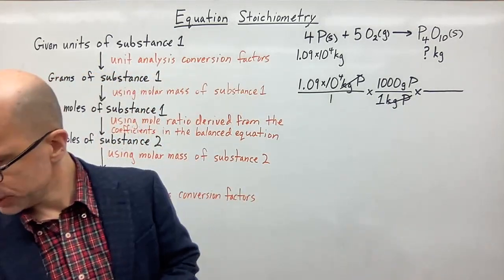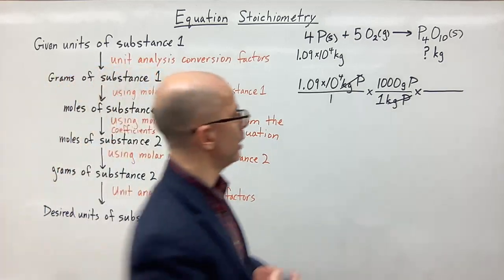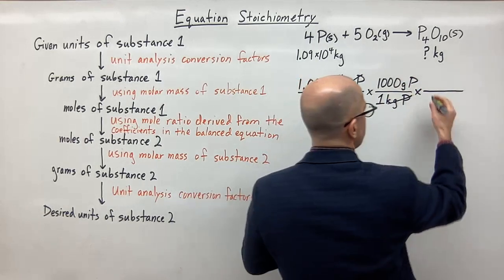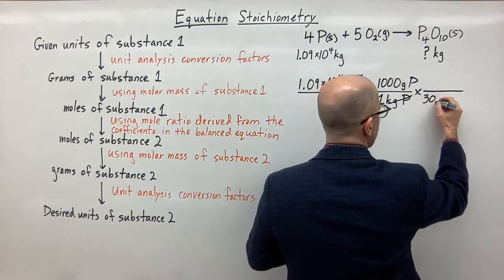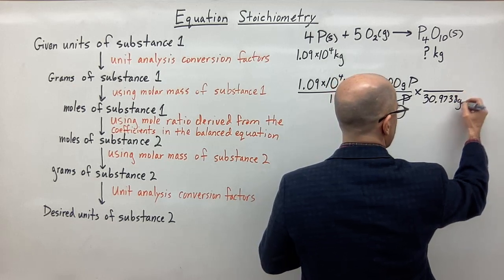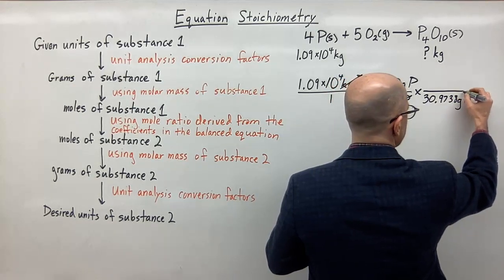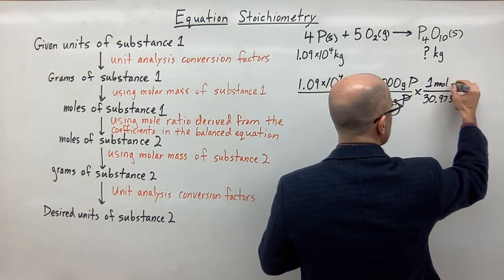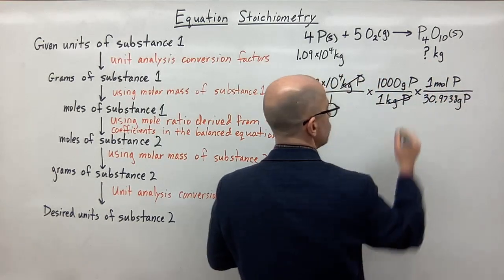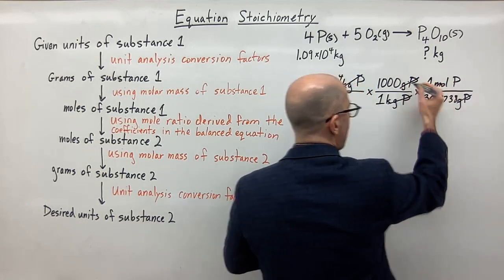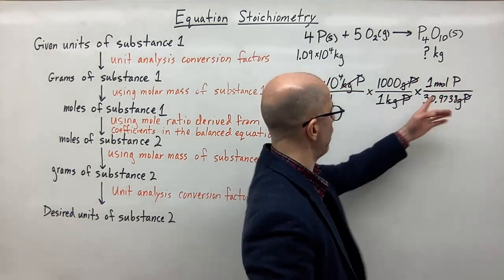Let me just double check that, 30.9738. Since I have grams of phosphorus on the top, I'm going to put 30.9738 grams of phosphorus on the bottom and 1 mole of phosphorus on top. Now the grams of phosphorus cancel out, and I have moles of phosphorus.